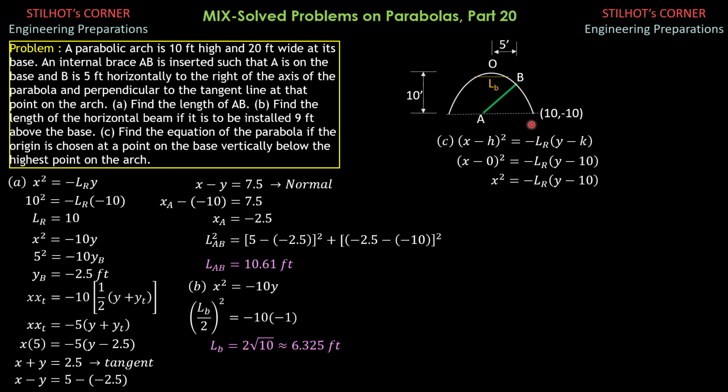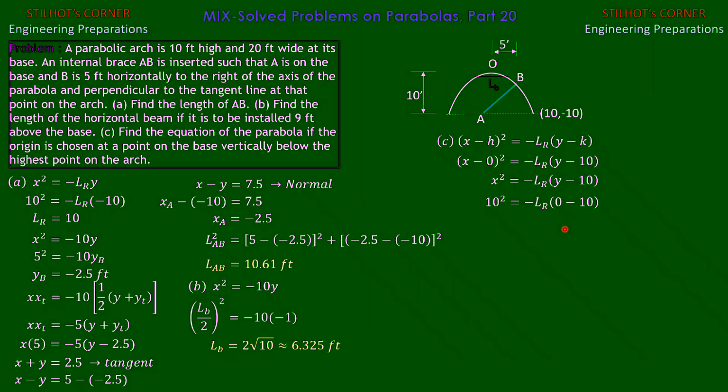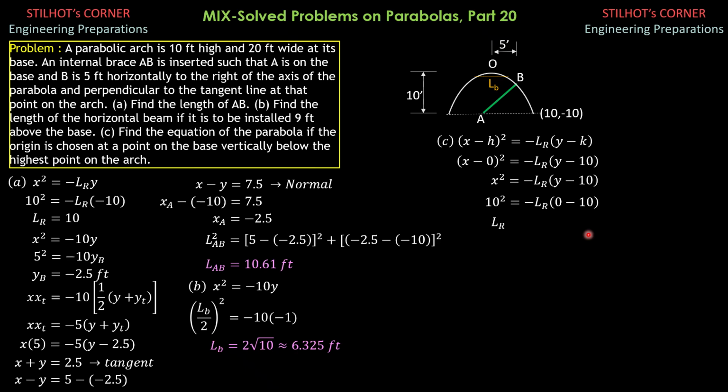The coordinates of this point would now be x is 10, the origin is here, and y is 0. So substitute 0 for y and x is 10. 10 square equals negative LR times 0 minus 10. So LR is still 10 feet.